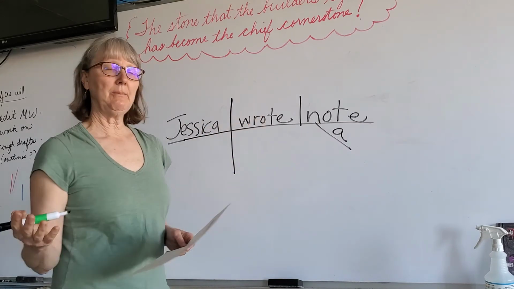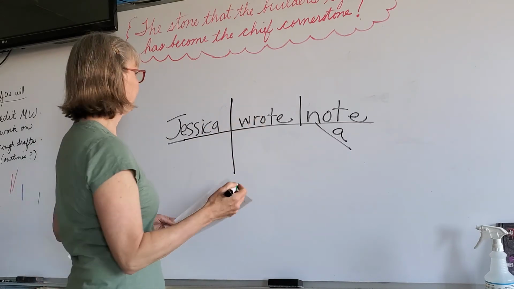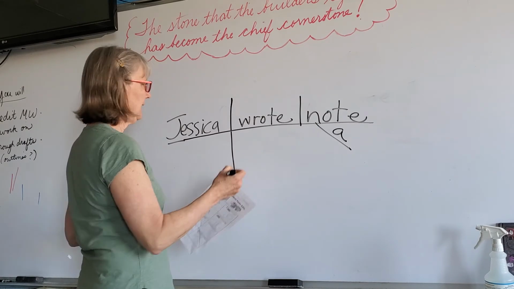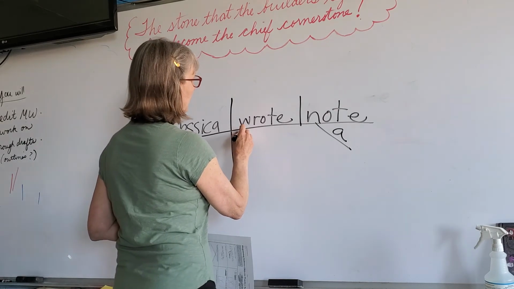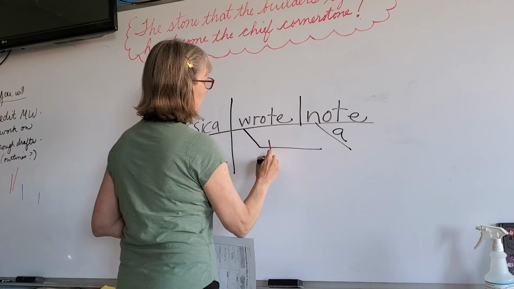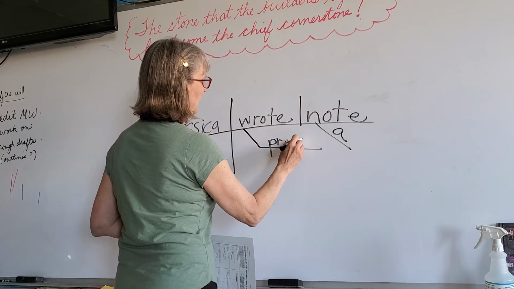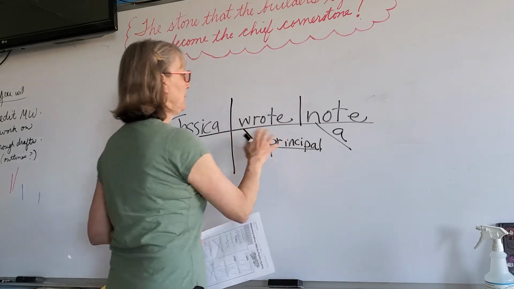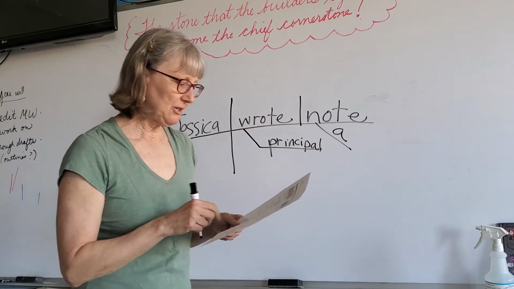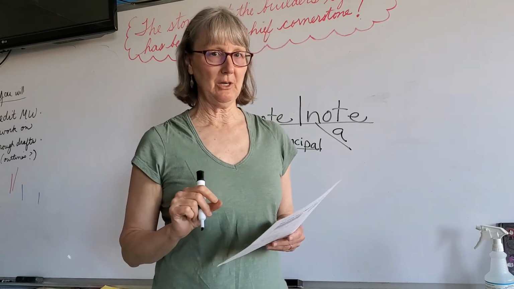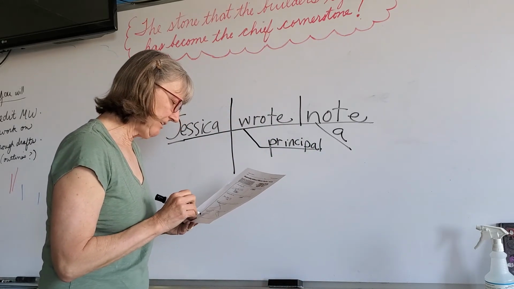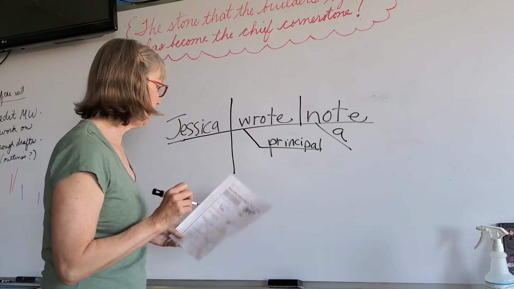Jessica wrote that note to somebody, though. Who did she write it to? The principal. Jessica wrote our principal a note. Okay. Jessica wrote our principal a note. She wrote a note to our principal. But notice it says here, Jessica wrote our principal a note. I didn't even see that on here. But we have an adjective modifying principal.